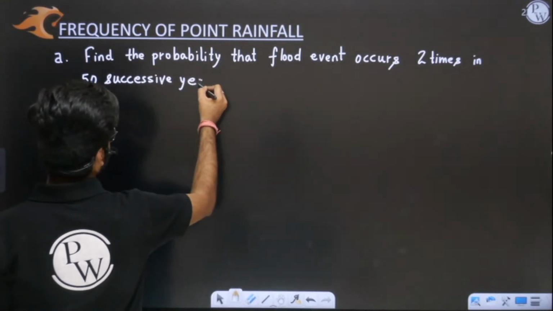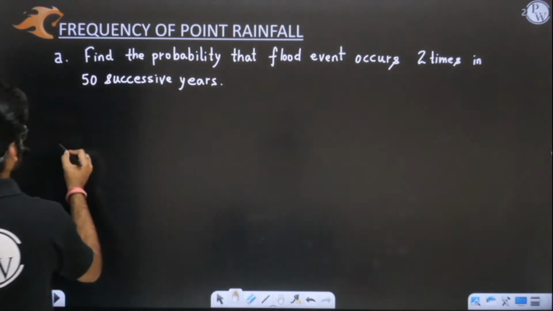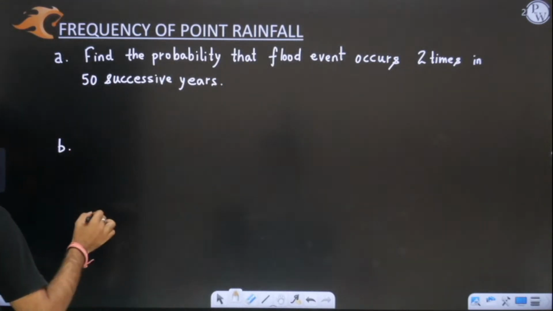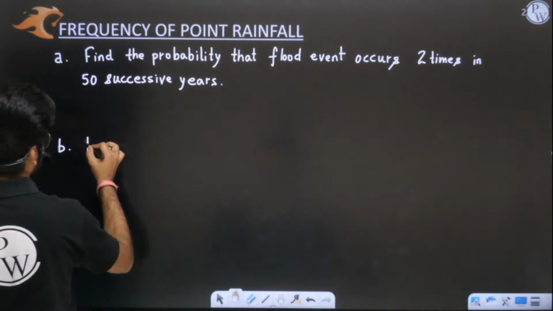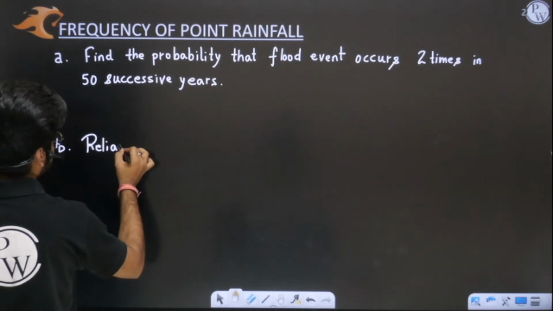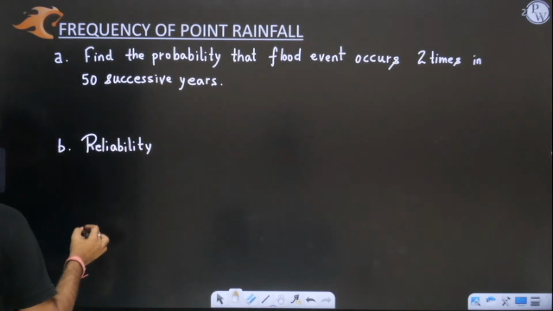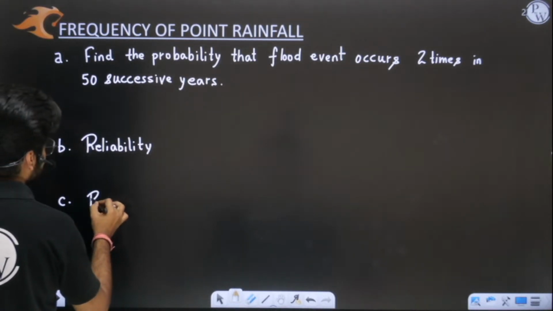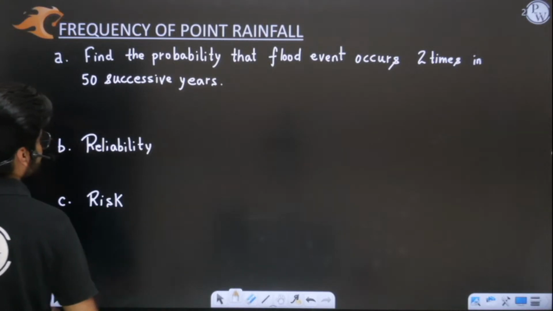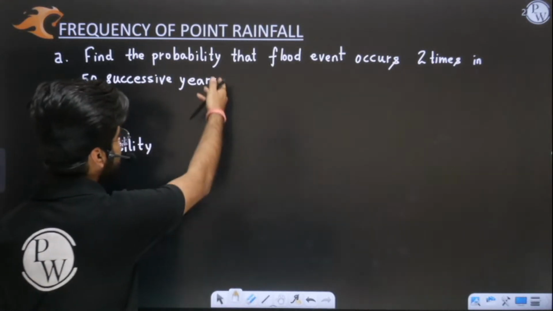Can you just tell me this probability? The second type of question which is generally framed is about reliability. What is reliability? And the third kind of question they will ask is risk. What is the risk involved here? This you can easily find.